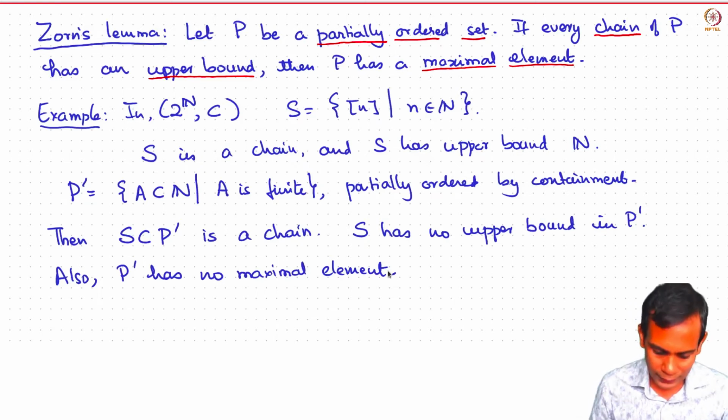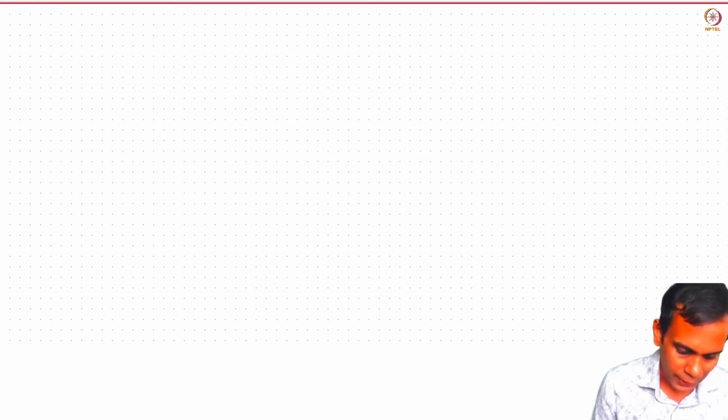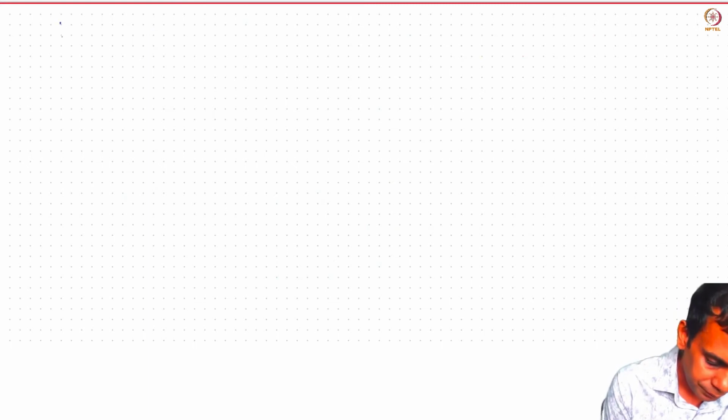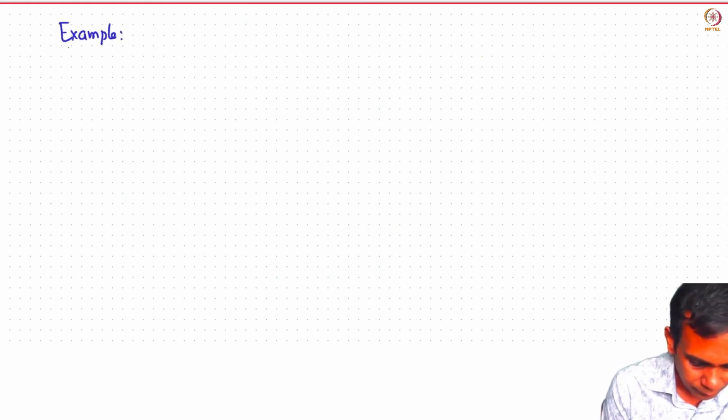Now let's look at a good example of a maximal element. So let's look at Q bar.